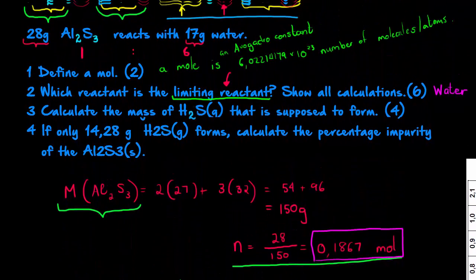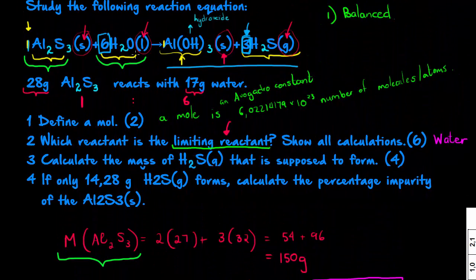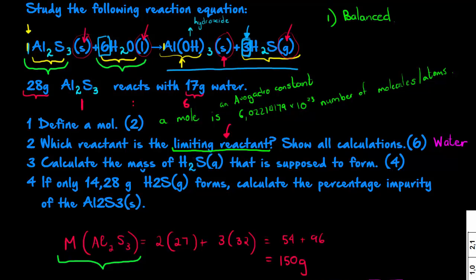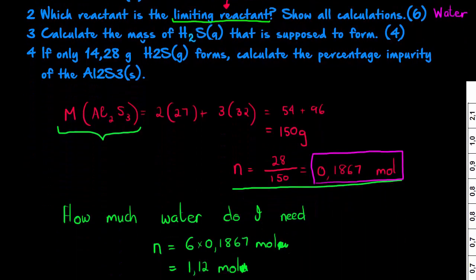But I know that all of the water is being used up. For every 6 units we produce 3 units of dihydrogen sulfide. So I know half of the number of moles used in the reactants is the number of dihydrogen sulfide moles produced.